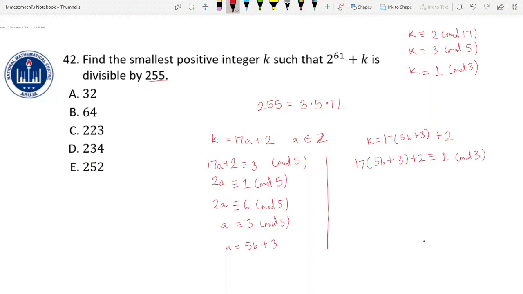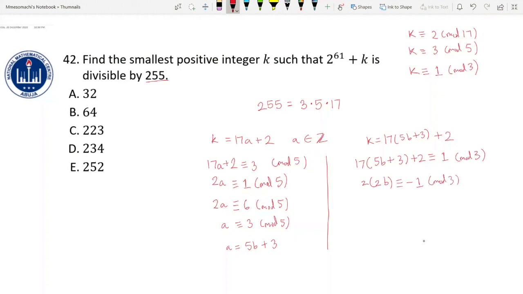We can see that 17 is congruent to 2 mod 3, 5 is congruent to 2 mod 3, and 3 is congruent to 0 mod 3, so then the 2 goes to the other side, and this is congruent to negative 1 mod 3.